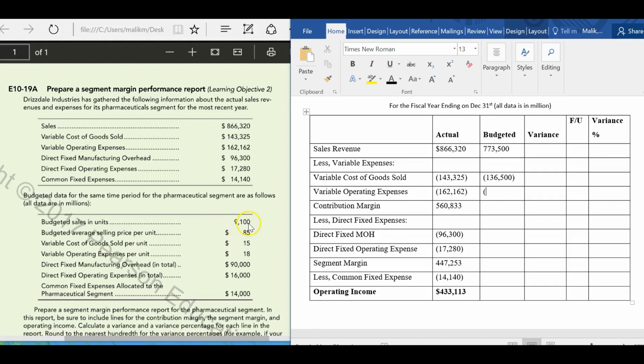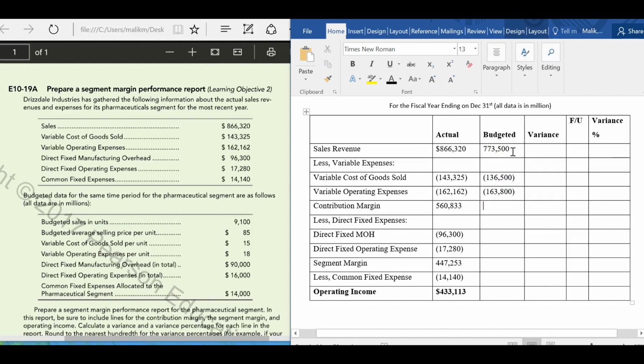So if I multiply 9,100 by 18, what I got is 163,800, and that's our variable operating expense.